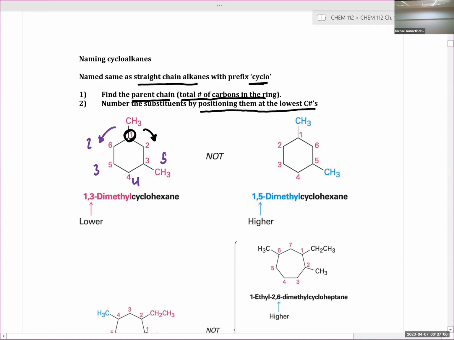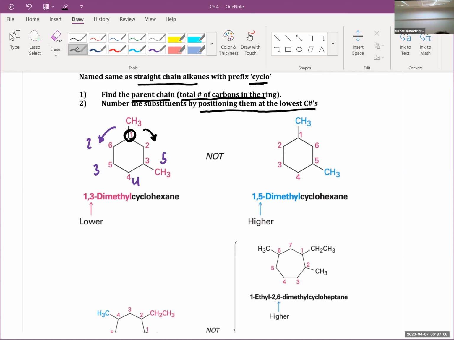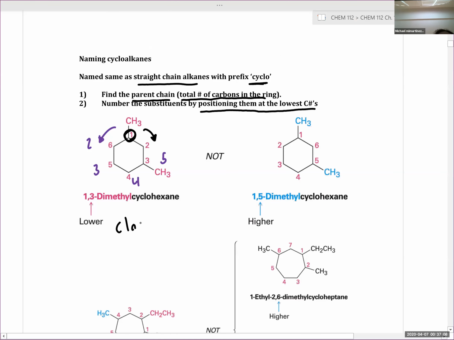So if we have a choice between counting clockwise and counterclockwise, if we count clockwise around our ring, we end up with 1 and 3 for our substituent carbon numbers. If we count counterclockwise, we end up with the numbers 1 and 5.